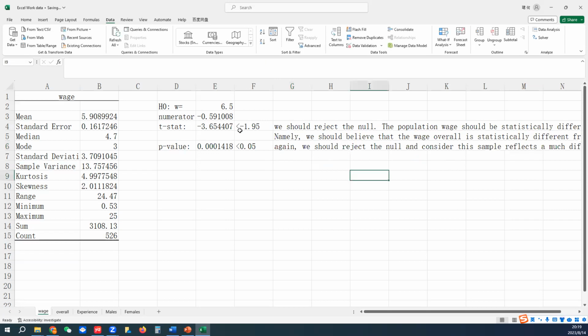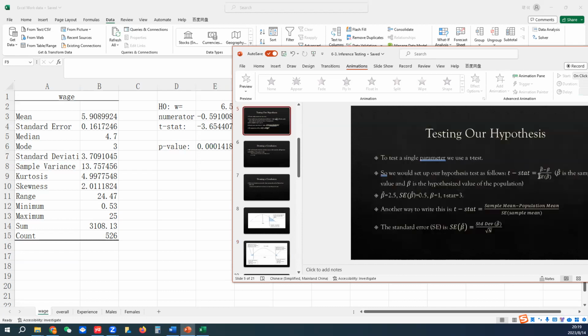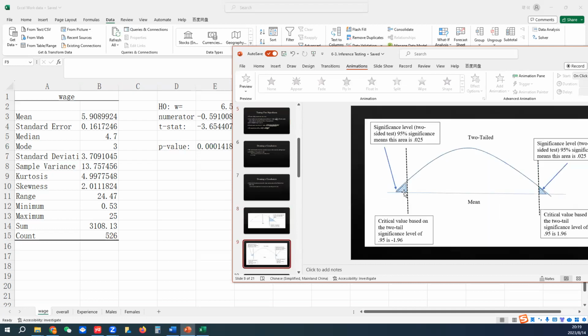Okay, and here, to maintain consistency, you can see minus 3.5 is smaller than minus 1.96. What we are actually looking at is how many times the numerator is compared to the standard error, the divergence, right? So it's actually more than 2 times.